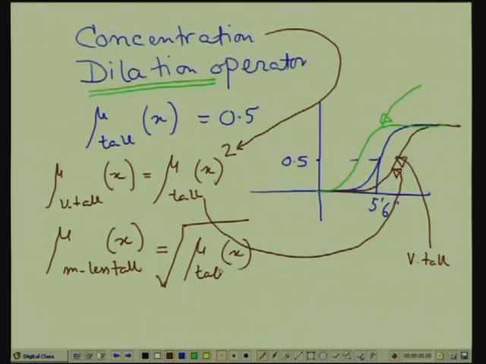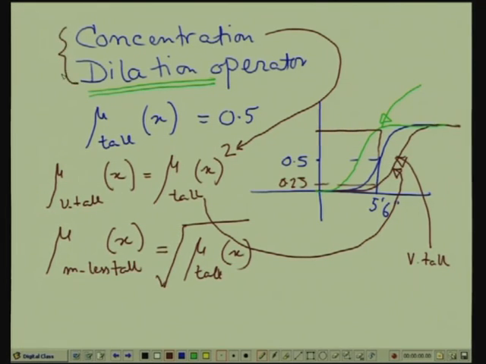So, this is one way. This square root, that is raising to the power half, is a standard dilation operation, and squaring is a concentration operation. So, by this concentration operation, the membership of this 5.6 in very tall will be 0.25, whereas in more or less tall it will be quite high, right.